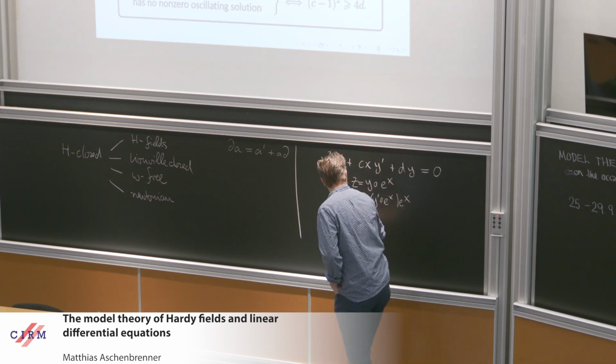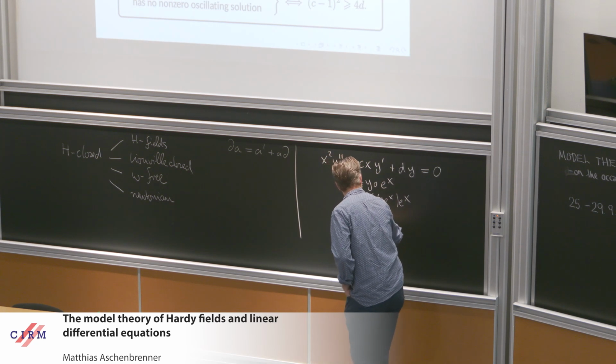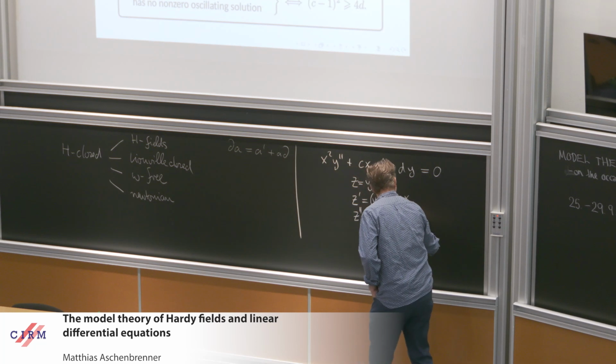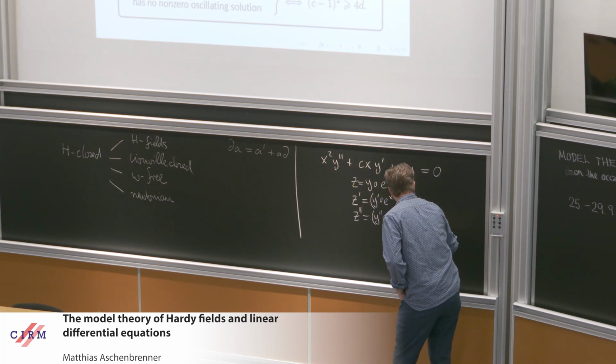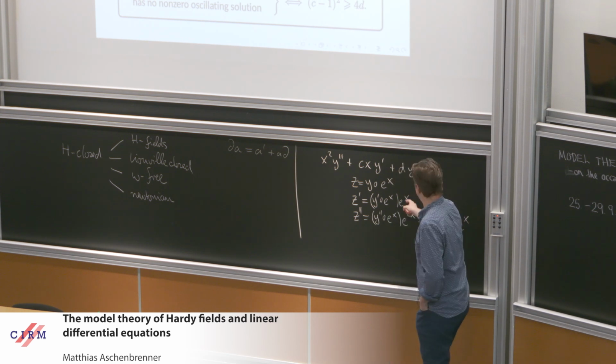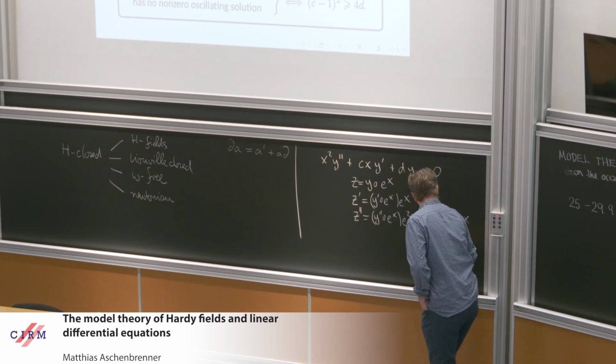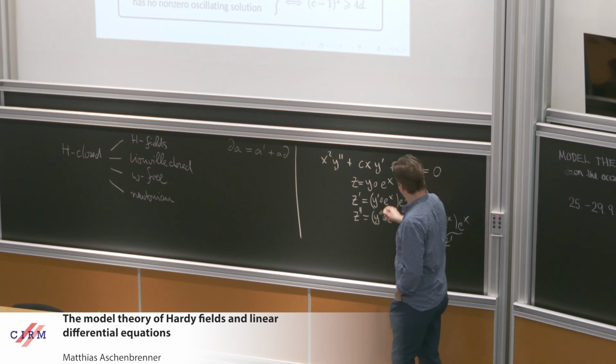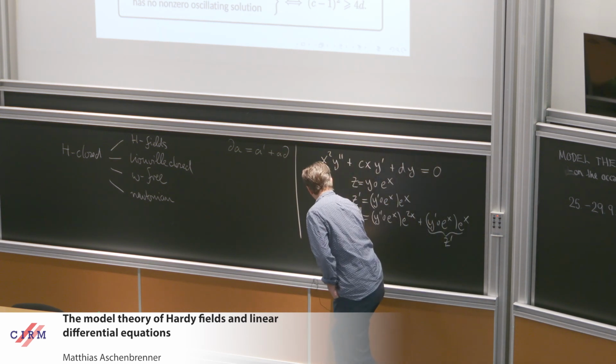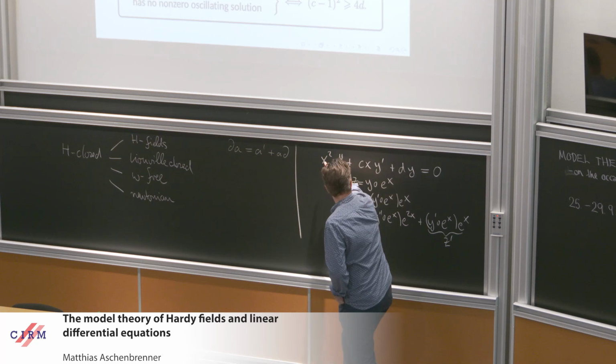You get z double prime, e to the 2x, plus, e to the x, but this of course is just z prime. And then you substitute e to the x into this equation.